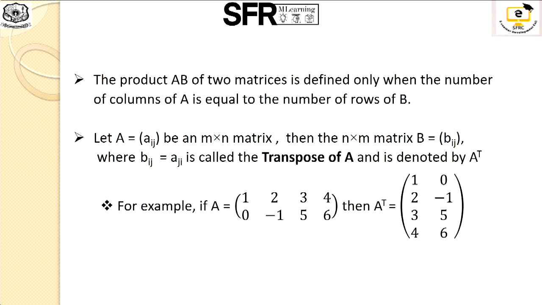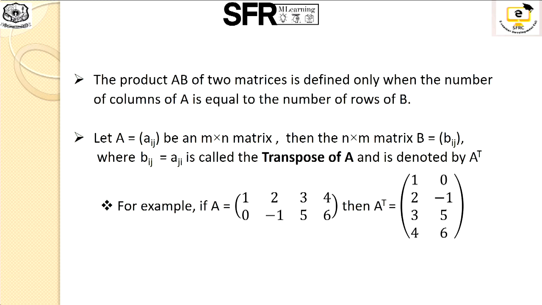Interchanging the rows and columns, the first column becomes the first row 1, 0 of A transpose, the second column becomes the second row 2, minus 1, the third column 3, 5 becomes the third row, and the fourth column of A becomes the fourth row, 4 and 6. Therefore, A is of order 2 cross 4, whereas A transpose is of order 4 cross 2.